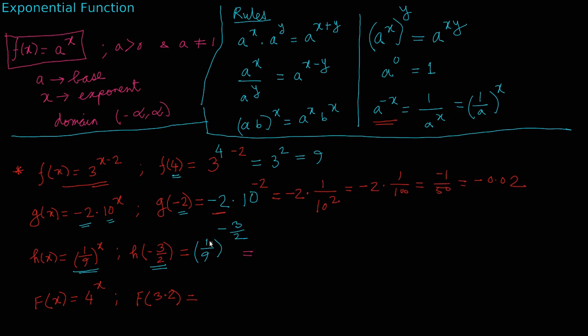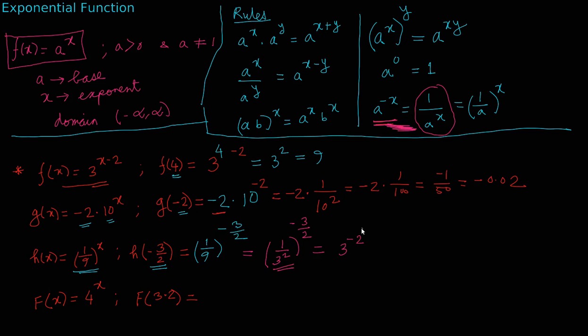So 1 over 9, if you notice, I can write as 1 over 3 squared, and then power negative 3 over 2. Now 1 over a power x is a power negative x, so 1 over 3 squared I can write as 3 power negative 2. I just applied this rule of exponent.